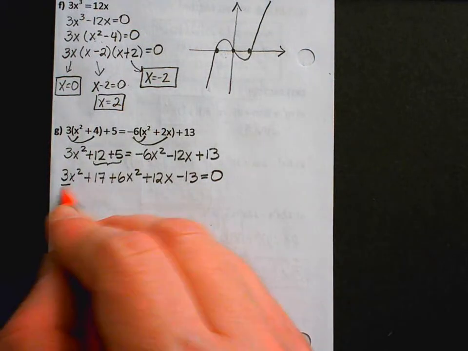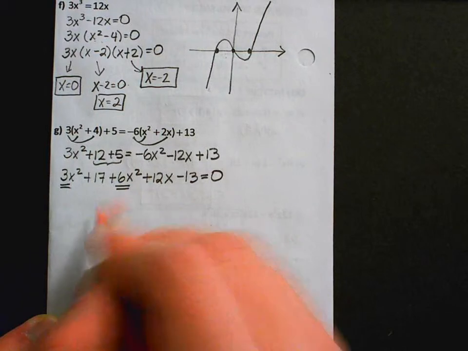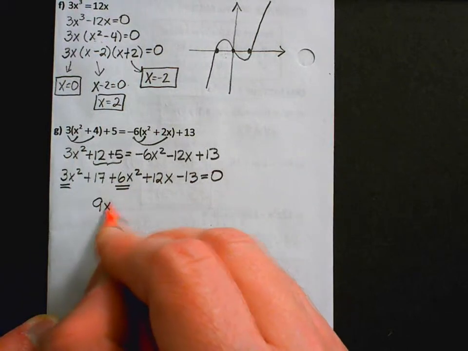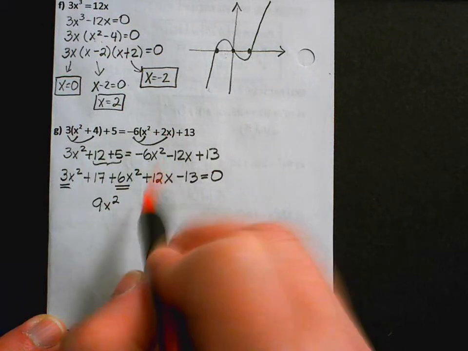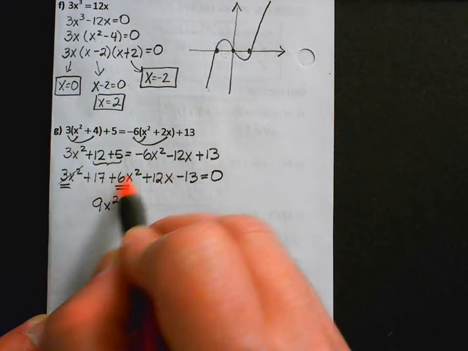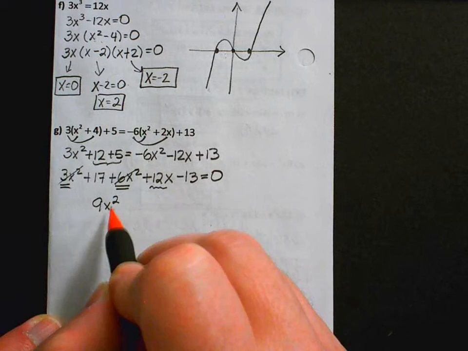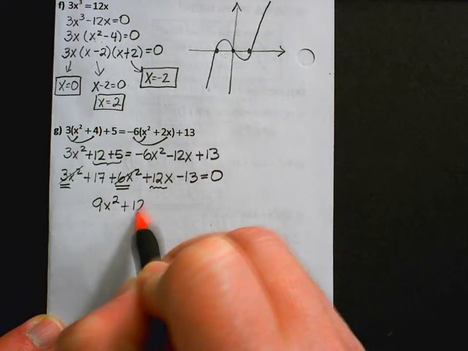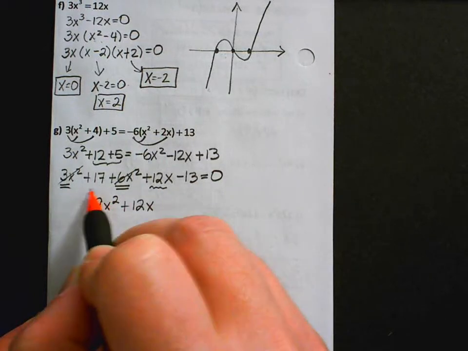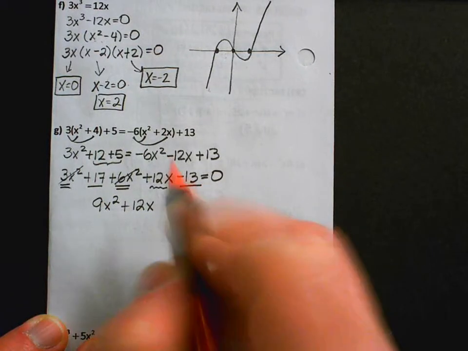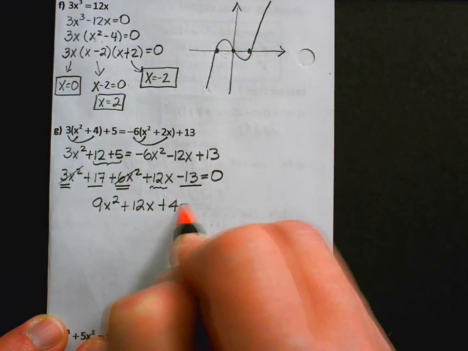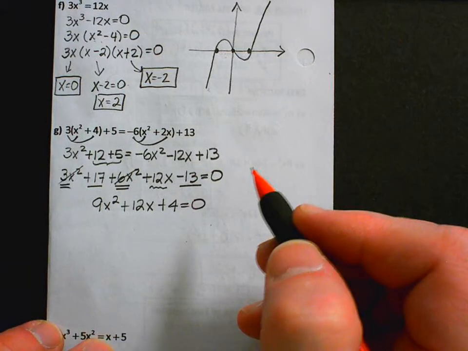Let's combine like terms. So this would be 9x squared. That's a perfect square, and let's see if we get more perfect squares. So we're done with that. Let's bring down the 12x, because you cannot combine it with anybody. So that'll be 12x. And then we have 17 and 13, and that will give you 4, which is also a perfect square.